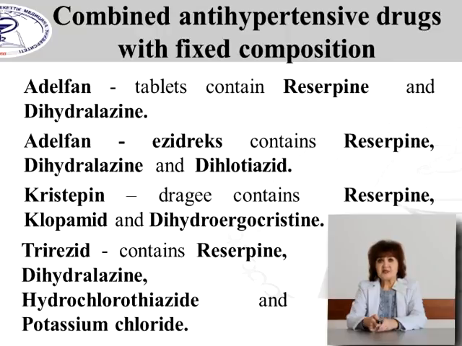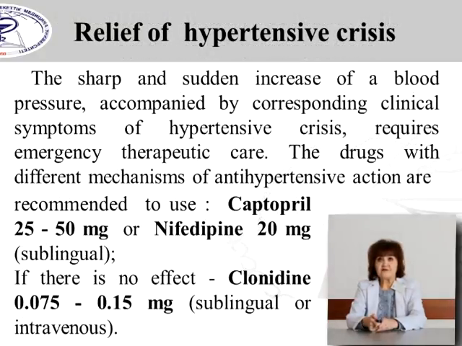Cristipine contains reserpine, clopamide, and dihydroergocristin. Tririzid contains reserpine, dihydrolazine, hydrochlorothiazide, and potassium chloride.